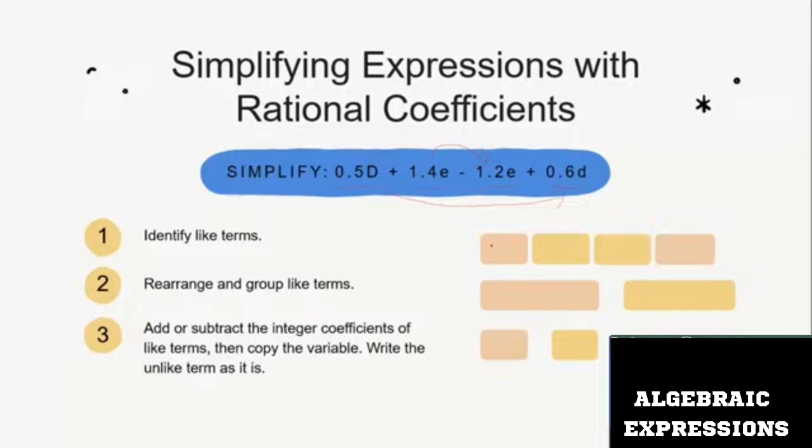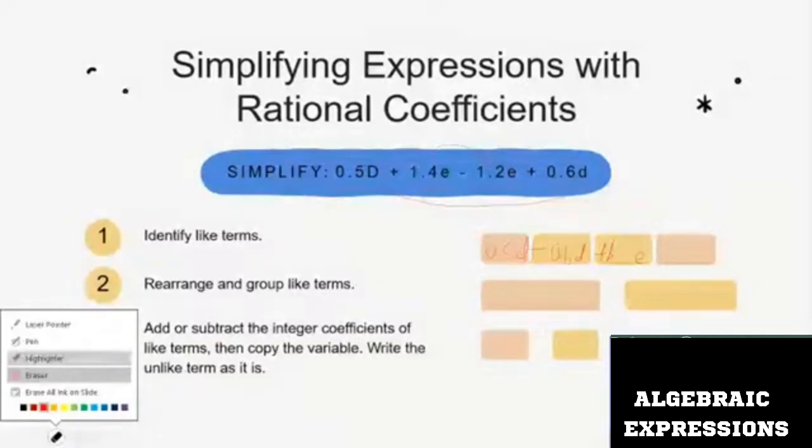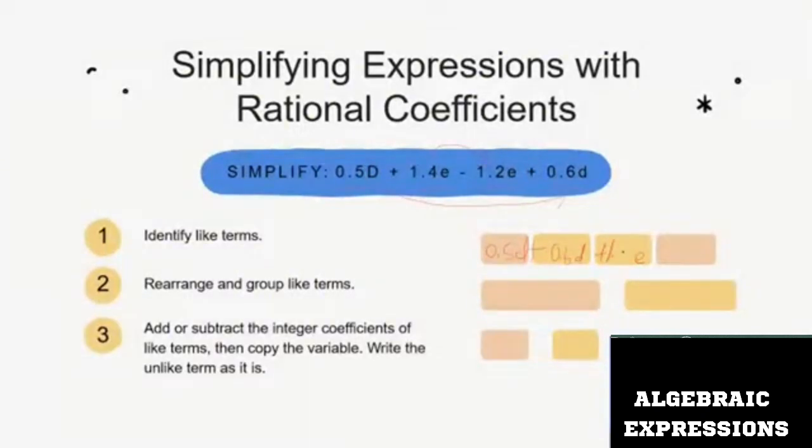So what I will do is 0.5d plus 0.6d plus 1.4e minus 1.2e.